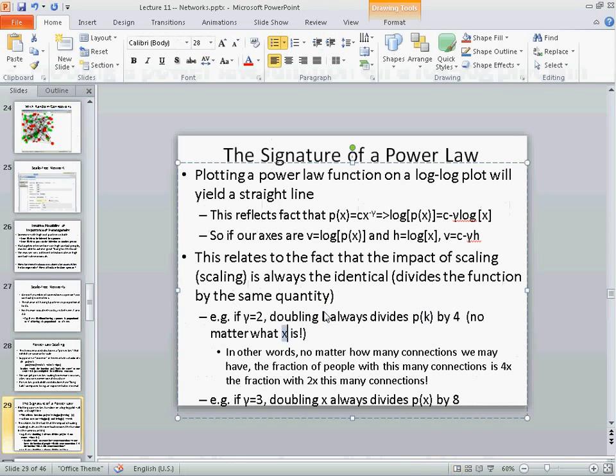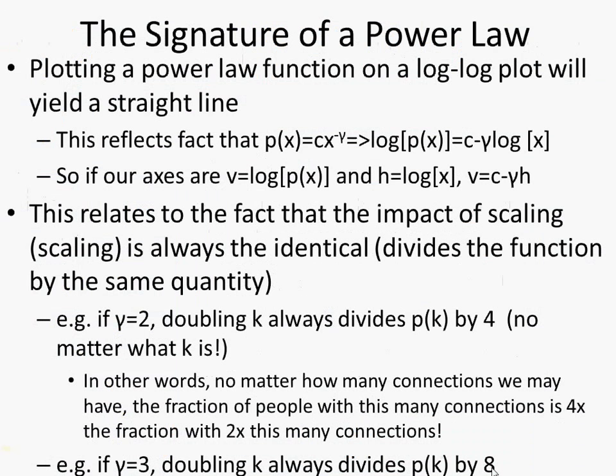Okay. So if we have some number k, and we have p of k being the probability of a person having that many connections, or the fraction in the population, if we double k, it always divides the fraction that have that many connections by 4, no matter what k is.